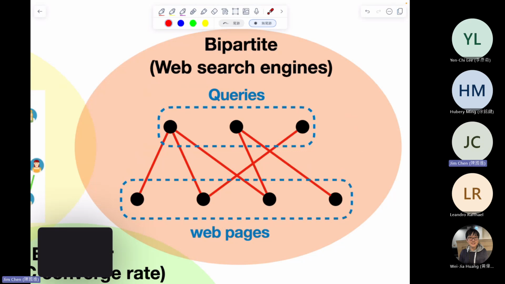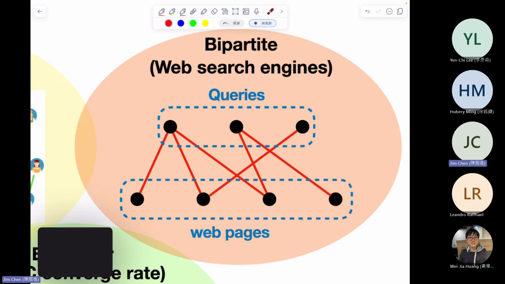Okay, and by now we are given a graph, and we would like to check whether the graph is bipartite or not. And the bipartiteness is actually a quite famous graph property, which can be applied in the web search engine.